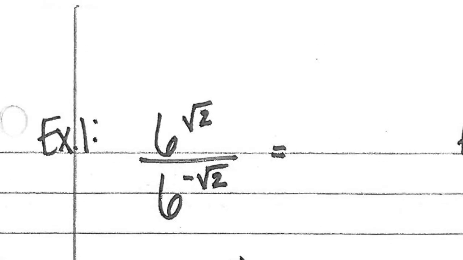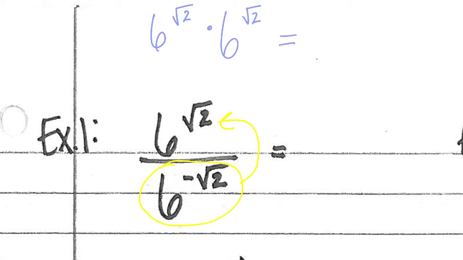All right, so let's take a look. If I have 6 to the root 2 over 6 to the negative root 2, remember that when I have a negative on the bottom, we can bring it to the top. So really this is saying 6 to the root 2 times 6 to the root 2. One thing we're going to get a little confused on is we always have to go back to the basics.